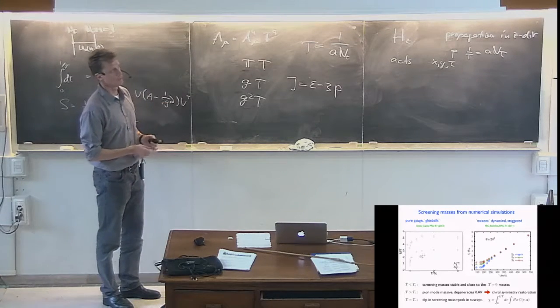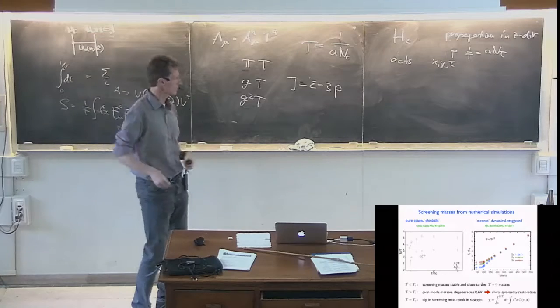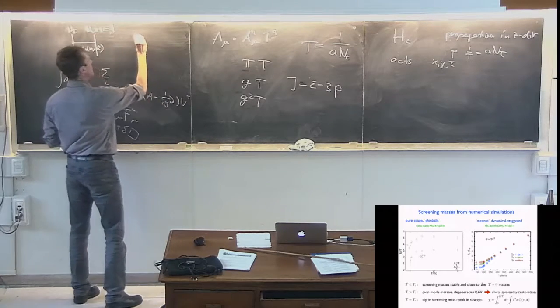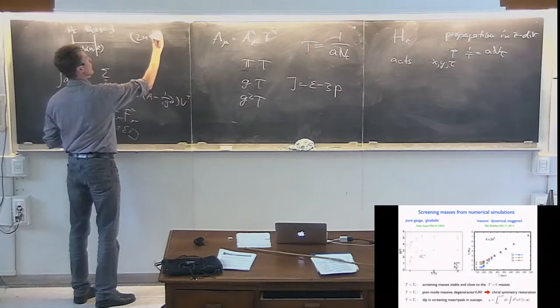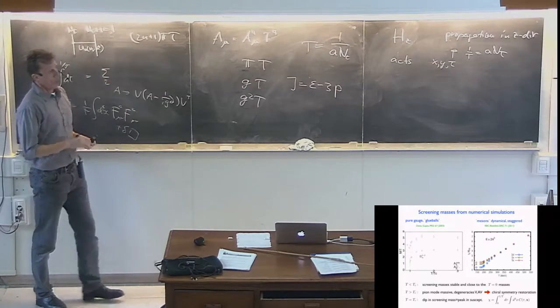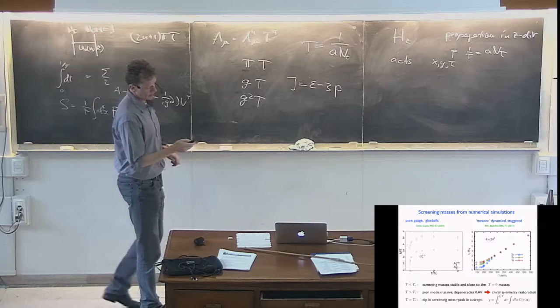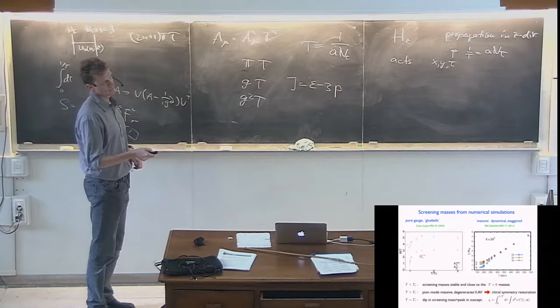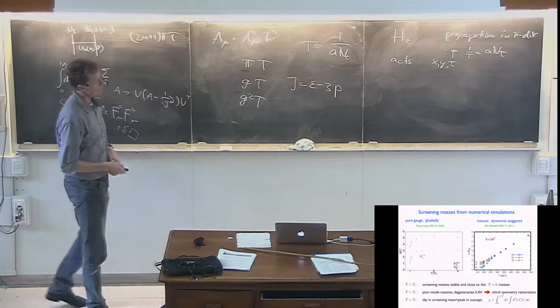And remember, these mesons involve quarks, and quarks have Matsubara frequencies (2n+1) times pi T. So this is always non-zero. And you can precisely see the T again. This is going like T.